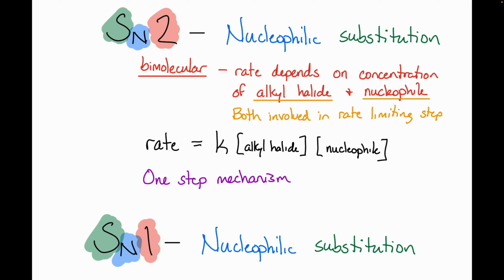Nucleophile attacks, leaving group leaves all in one shot. New bonds formed, old bonds broken, all in the same step. Cool. So this is going to distinguish us from our SN1 reactions.